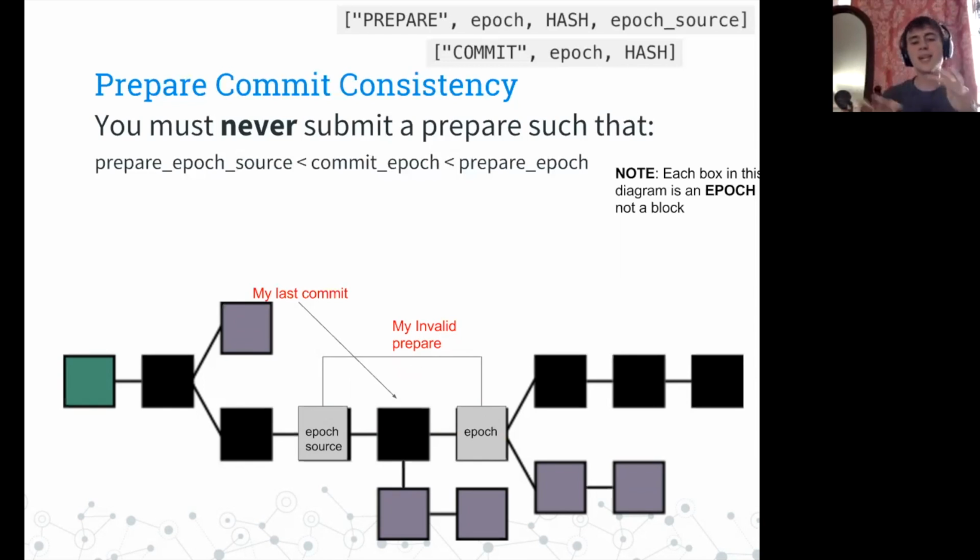But it makes intuitive sense that you wouldn't want to do this anyway, because the whole point is you want to reference in your prepare your most recent epoch that you think deserves to be in the main chain. So why wouldn't you include the commit that you committed to? That means you saw over 2/3 prepares. It's totally a valid epoch, but you're just misbehaving.